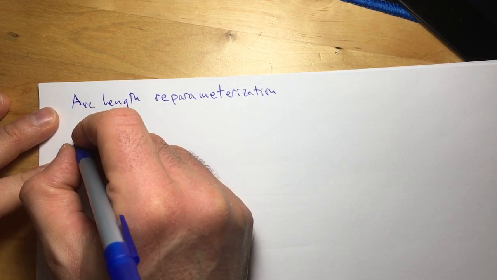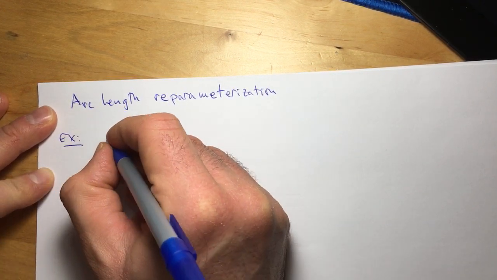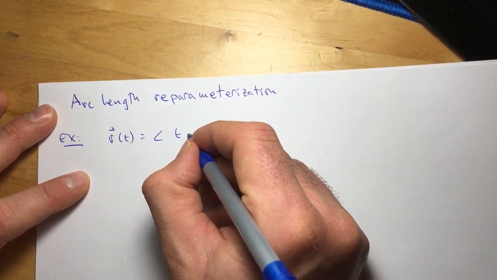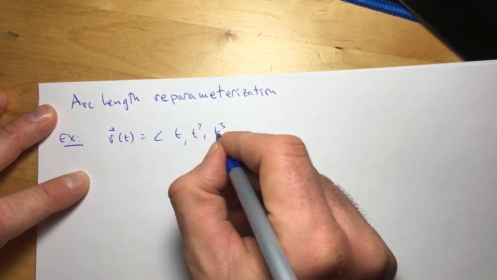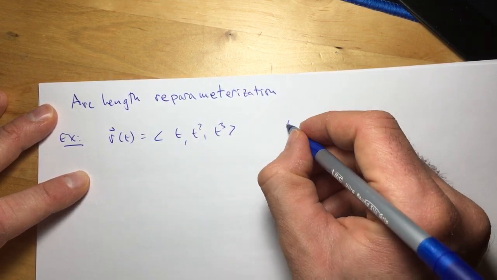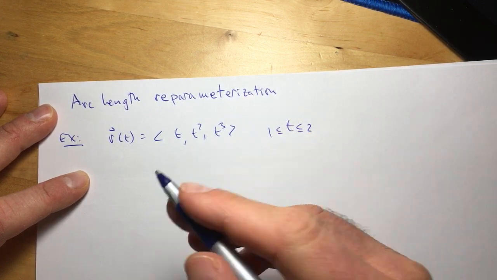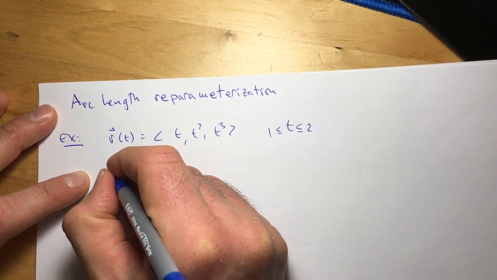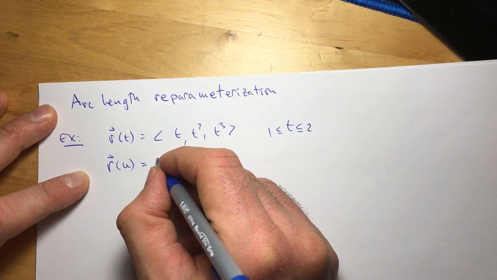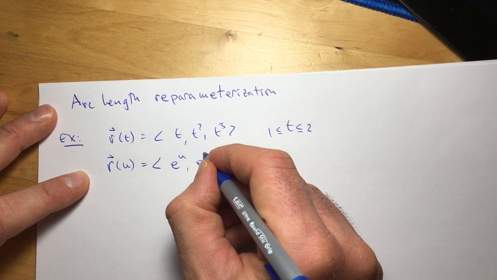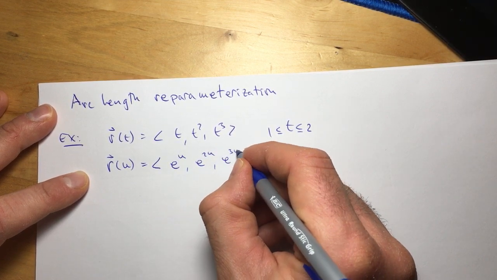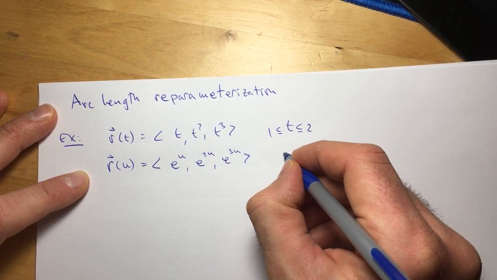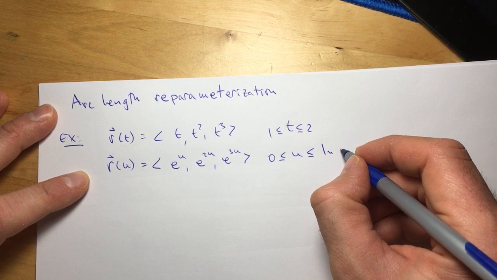For example, if r of t, sometimes I put this arrow here, sometimes I don't, is equal to t, t squared, t cubed, we'll work with this curve later on, where t goes from 1 to 2, it describes the same curve as r of u, where I have e to the power u, e to the power 2u, e to the power 3u, where u runs from 0 to ln 2.